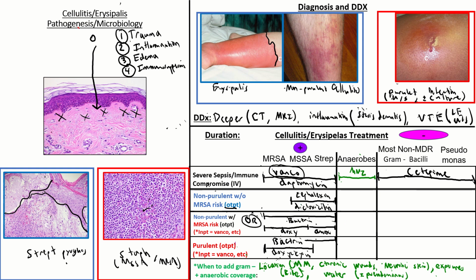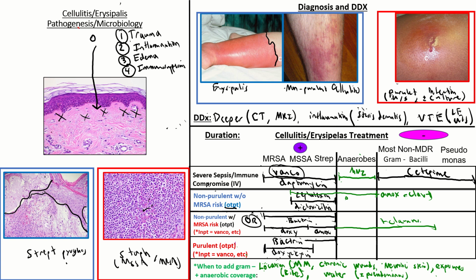So one thing you could potentially do in this situation, if you're doing oral coverage, is actually just do Augmentin, which is amoxicillin-clavulanate, instead of using cephalexin or dicloxacillin. Or in the cases of non-purulent with MRSA risk factors, you're already using amoxicillin, so just add on clavulanate to get that gram-negative and anaerobic coverage.